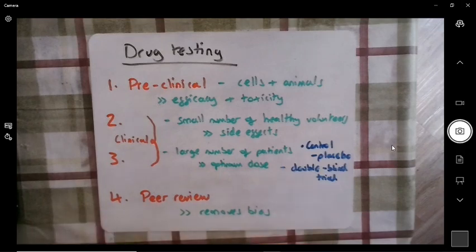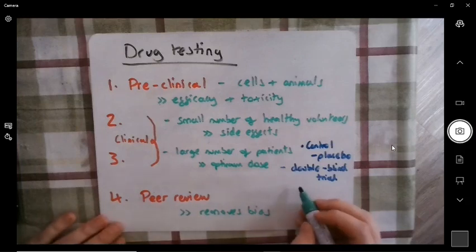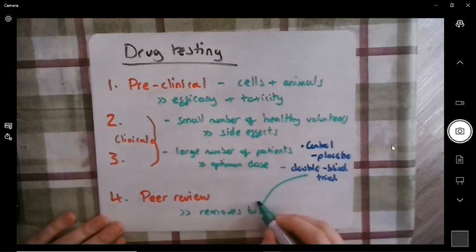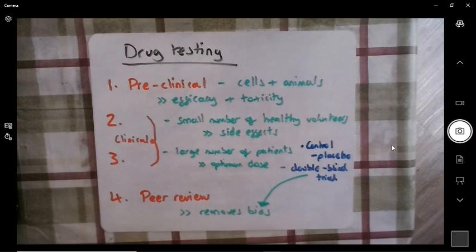And the drug will only be approved if this independent body agrees, yes, it does work. Another way to remove bias, by the way, is the double-blind trial. If no one knows what they're taking, you can't be biased and think, oh, they've only had a placebo, they definitely won't feel better. Well, actually, they might feel better.